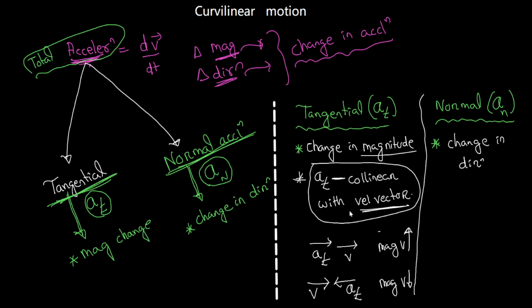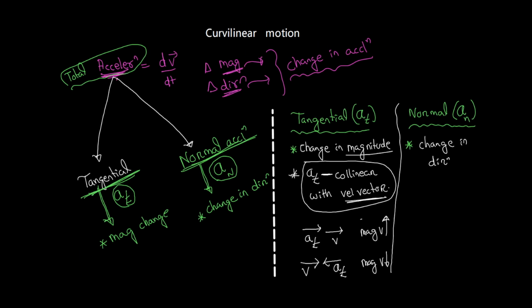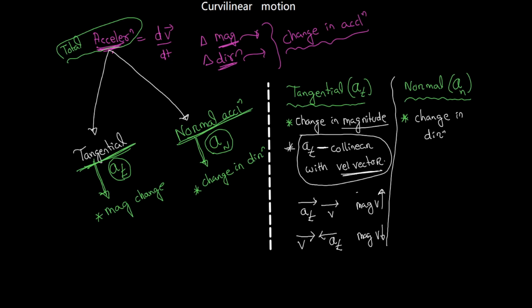So these are the interpretations from this statement. And one more point will be like this: if the velocity is constant, there is no change in velocity, the velocity is uniform.